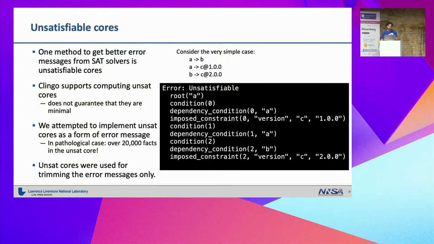So in this case, we have this sort of generalized condition in the way we've encoded our data. Sure, I can read this: there's a root A, there's some condition, it's about dependencies, it imposes a version constraint. But it requires a lot of work to actually parse that into what went wrong here.